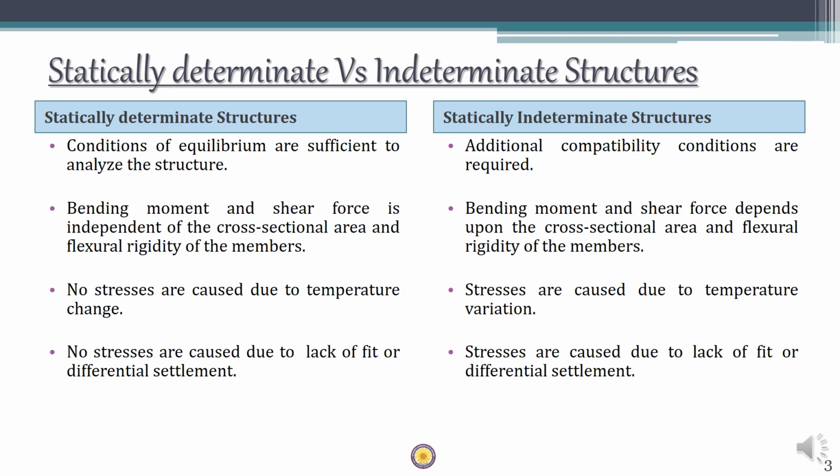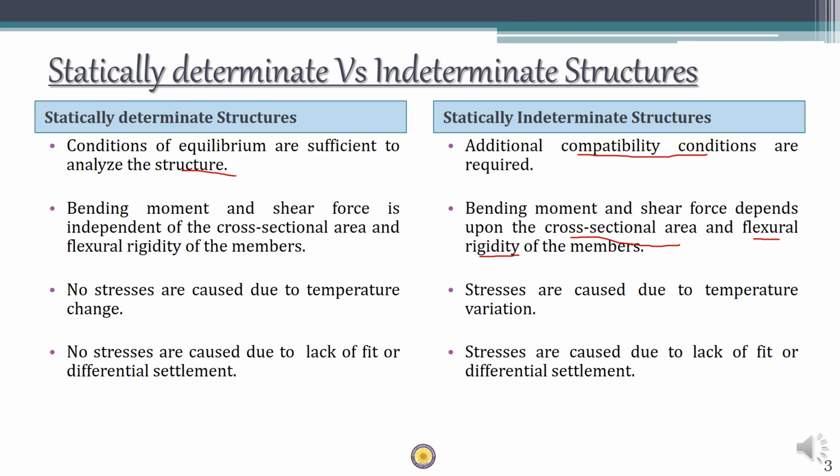Let's see the major differences between determinate and indeterminate structures. First, only the conditions of equilibrium are enough for analyzing a determinate structure. However, to analyze an indeterminate structure, apart from the conditions of equilibrium, you need additional compatibility equations as well as force-displacement relationships. Another difference is that in indeterminate structures, the cross-section area and flexural rigidity have an impact on the bending moment and shear force values.